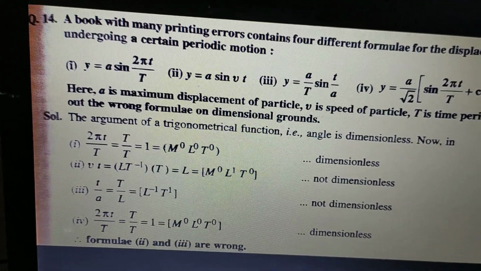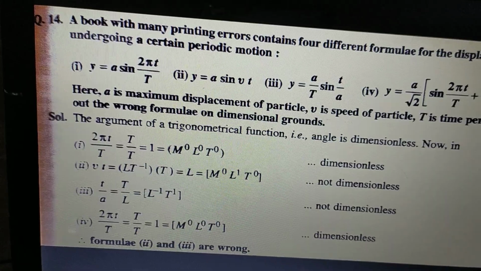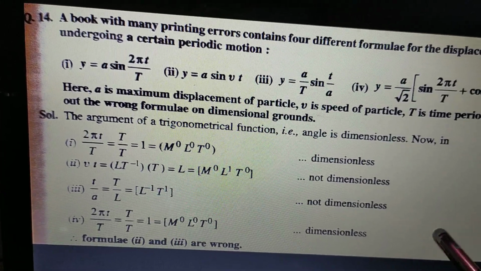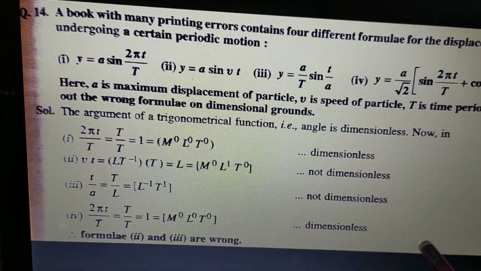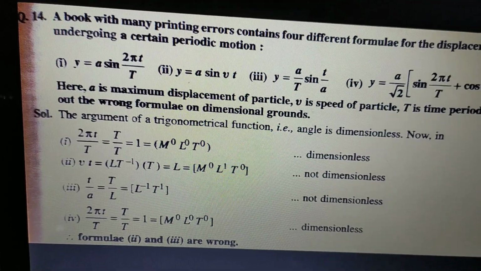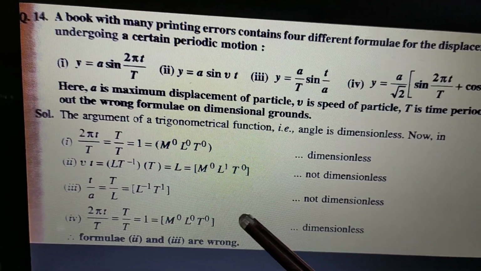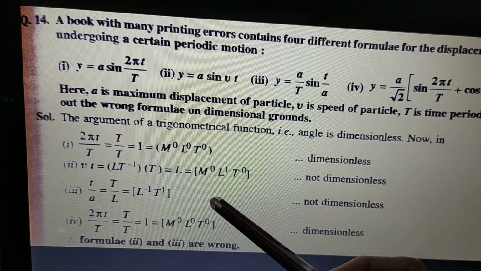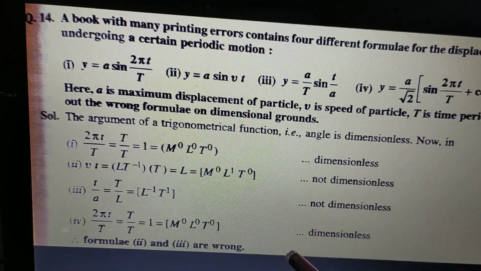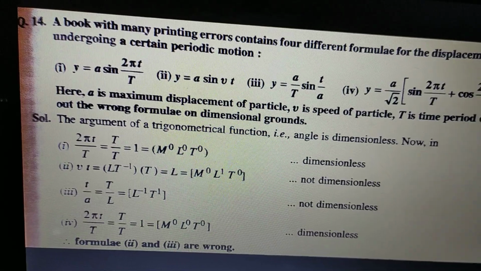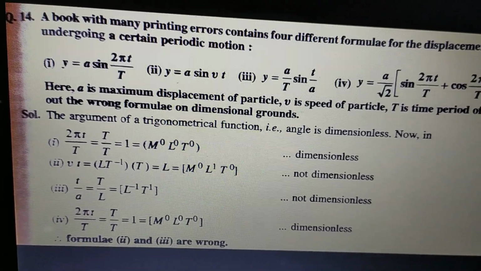So the second and third formulas are incorrect. Why? Because theta can never have dimensions in terms of length, as shown by formulas 2 and 3. Theta is always in radians, or we can say in degrees.